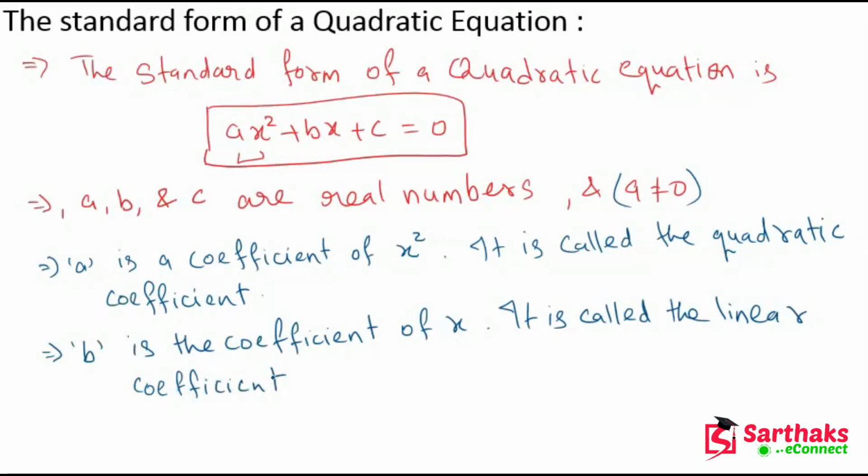And c is the constant term. This is the standard form of a quadratic equation. So if any equation is in the form ax square plus bx plus c equals 0, then we can say that the expression is a quadratic equation. I hope you get this point.